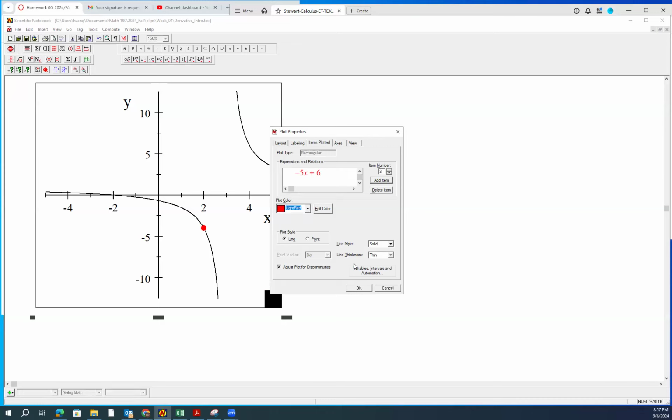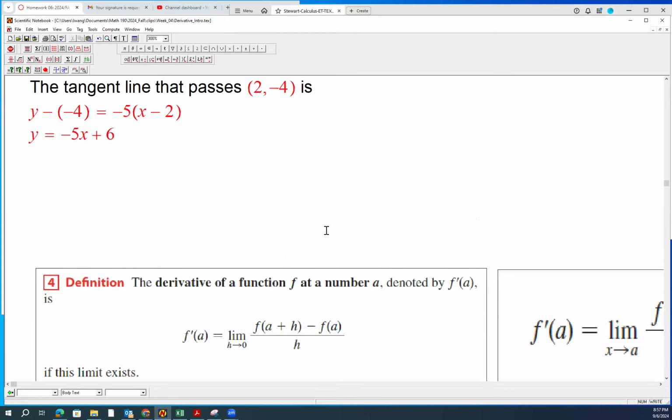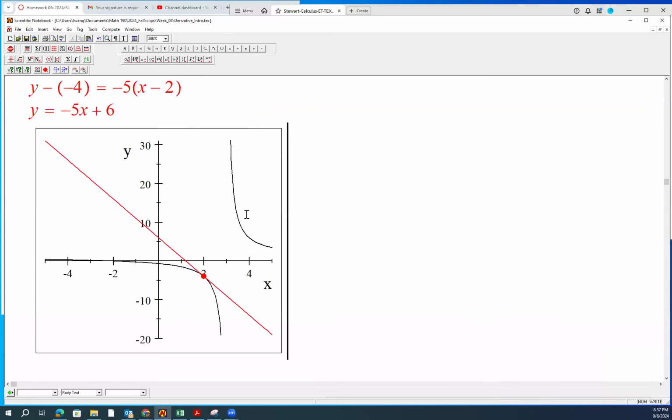Red. There we go. We got the tangent line equation. Oftentimes, you may not be asked to draw it, but it's not too hard to draw it. You just sketch it. It's a sketch, okay?